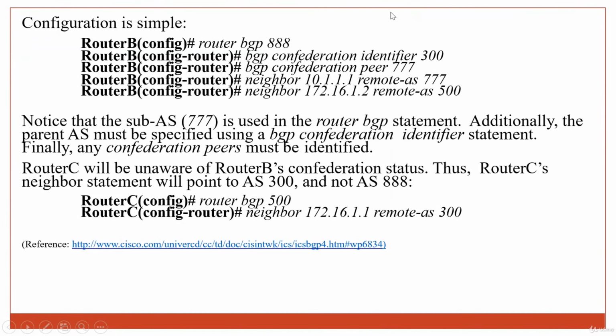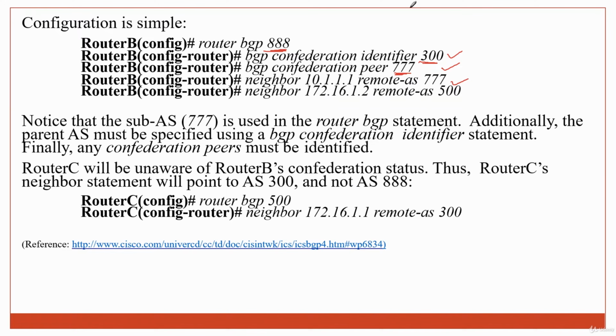Now the configuration is again straightforward, but a little bit tricky. First of all, 888 is part of 300, and 777 is again part of 300. Here you can see the router BGP configuration identifier, then the confederation peers, then the neighbor, and enable.